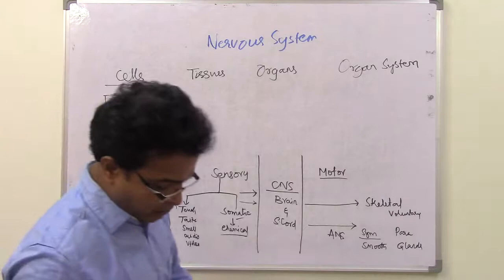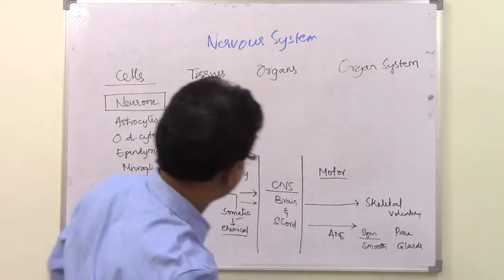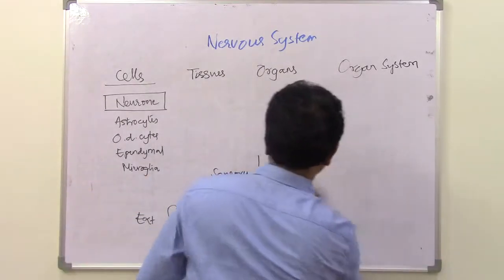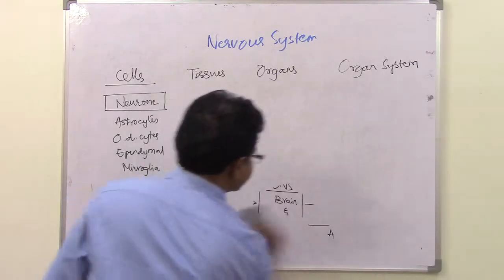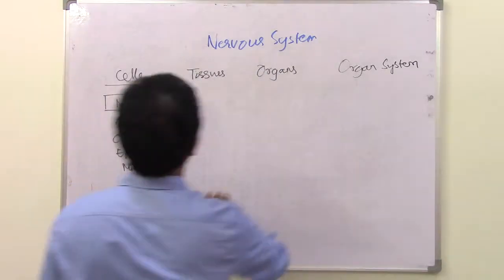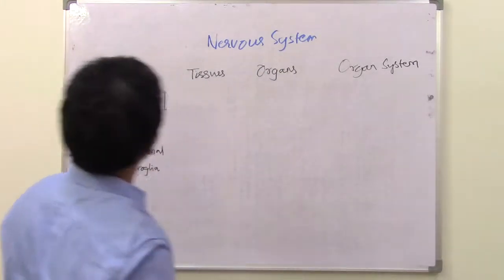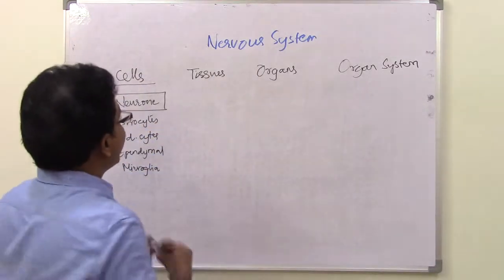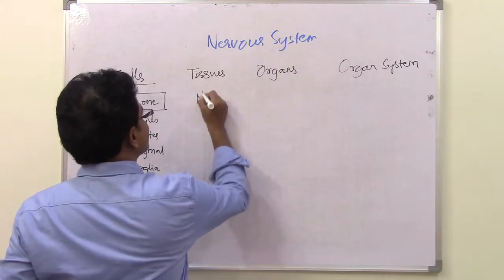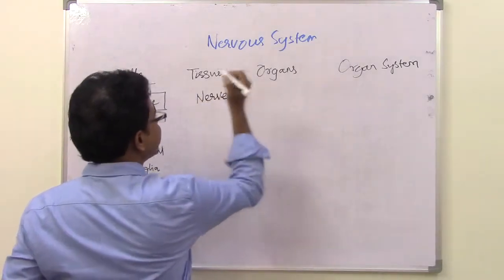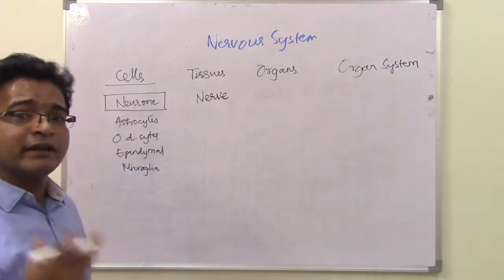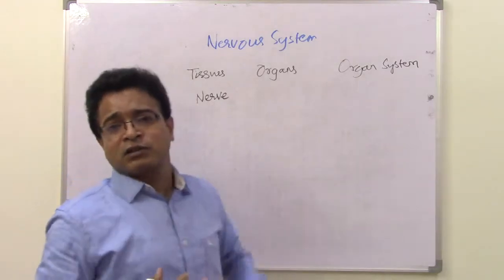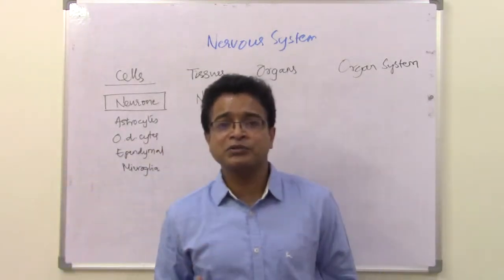Now we try to understand what the different units in that are. Neurons come together and form a nerve. So shall we call a nerve fiber or a nerve a tissue? What is a tissue?